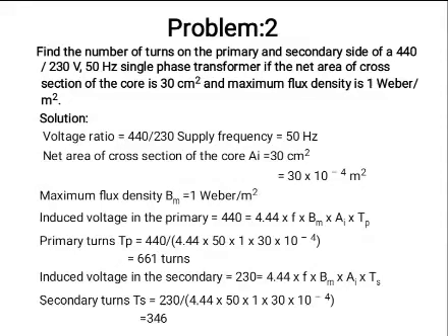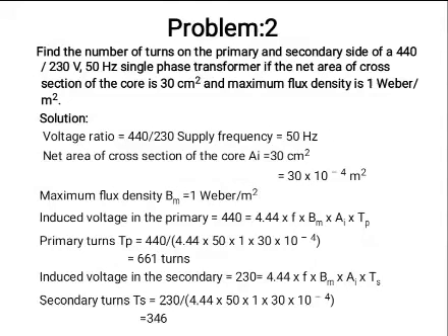Then we can find out phi m, where phi m is Bm into Ai, substituted because Bm and Ai are both given. The induced voltage is also given; only the turns ratio is missing, which is calculated.